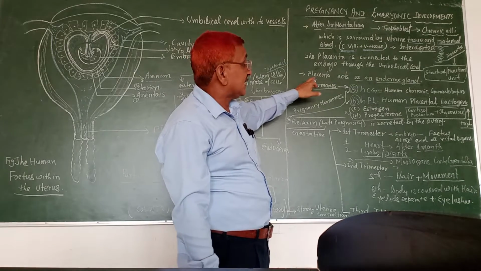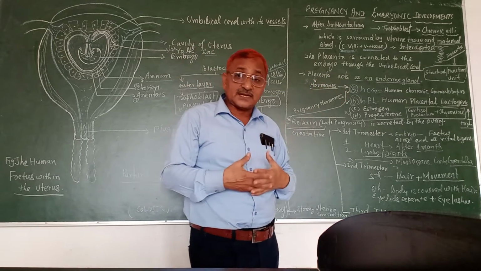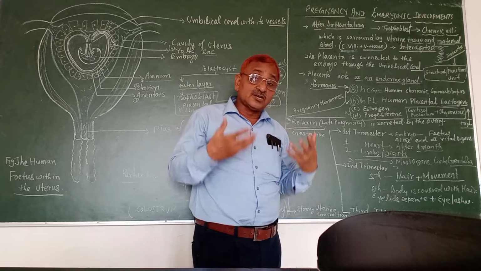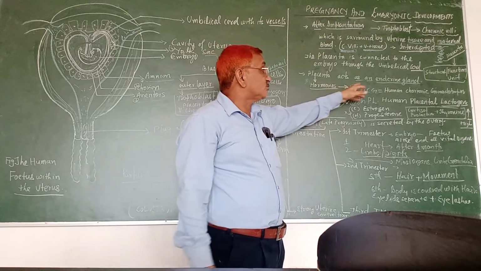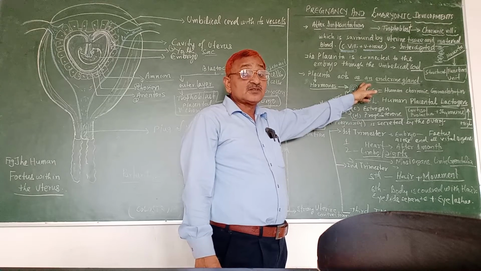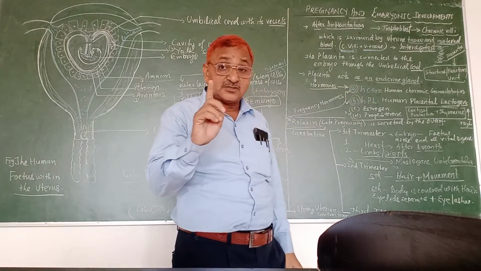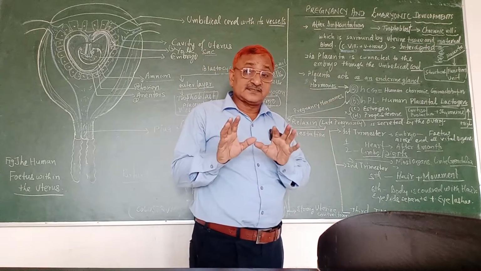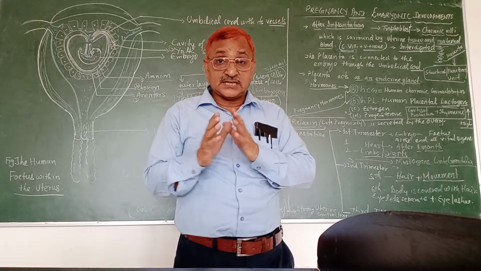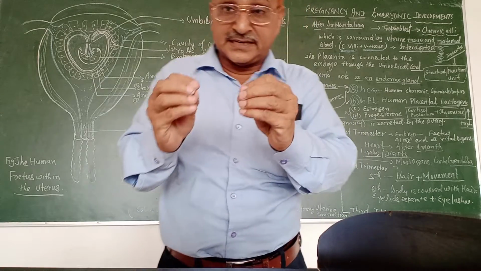Now this placenta acts not only as the vascular supply through the umbilical cord, but also serves as a temporary gland. This is called the placental endocrine gland. The placental endocrine gland is only formed during pregnancy.